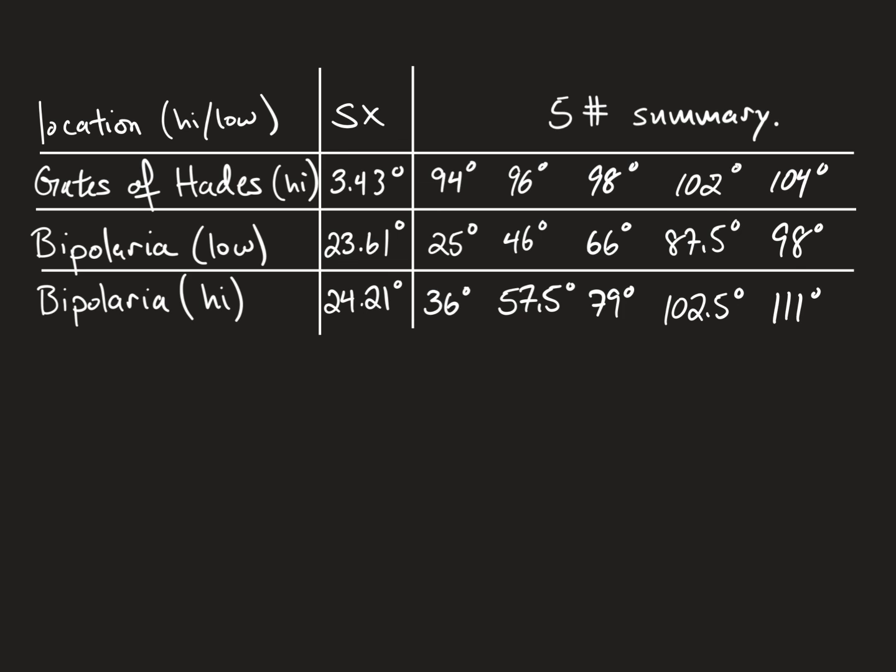You could just own summer clothing. That's it. Whereas if you went to live at Bipolaria, you would need to own not only summer clothing, because those temperatures do get hot, but you would also need to have winter clothing as well, because those temperatures get a lot colder.